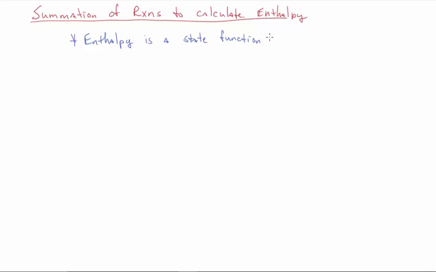The difference between going from floor 1 to floor 5 in elevation is always going to be the same. It doesn't matter if I go from floor 1 to floor 10, then back down to floor 5, or if I go from floor 1 to 2, then to 3, then to 4, then to 5, or if I take the elevator, or if I take the stairs. The difference in elevation from floor 1 to floor 5 is exactly the same no matter how I got there.